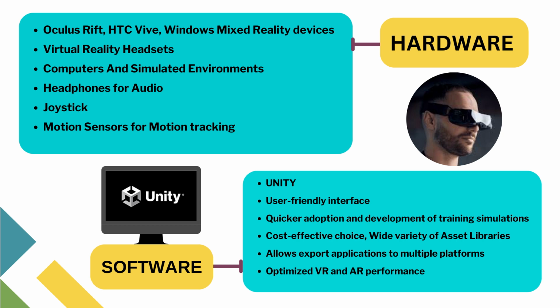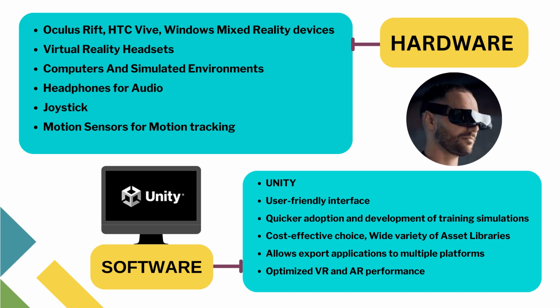Software. In the realm of software, Unity stands as the cornerstone of our project. Its robust capabilities not only facilitate the creation of realistic 3D environments, but also offer a user-friendly interface for streamlined development. This means quicker adoption and development of training simulations, reducing development time while also maintaining a high level of quality.